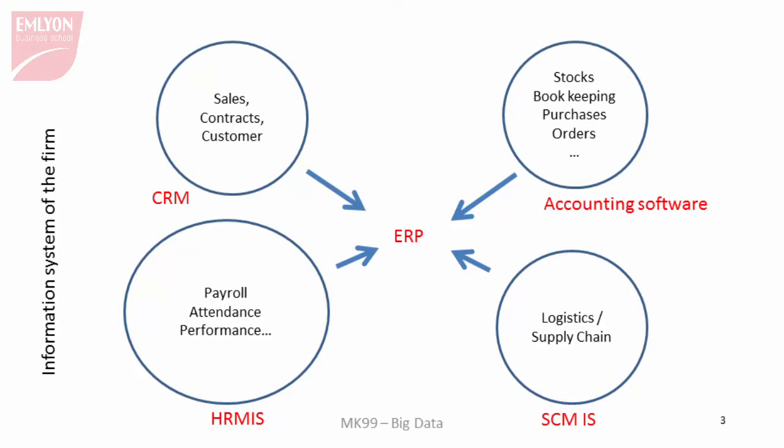In order to see the bigger picture, you should realize that a company is made of several of these software or platforms, and CRM is just one of them. You have similar pieces of software to deal with your accounting information. So that's an accounting software that deals with that.